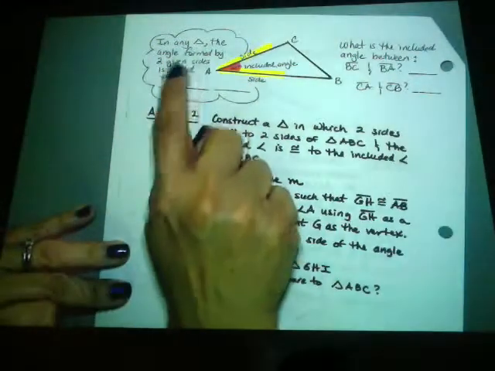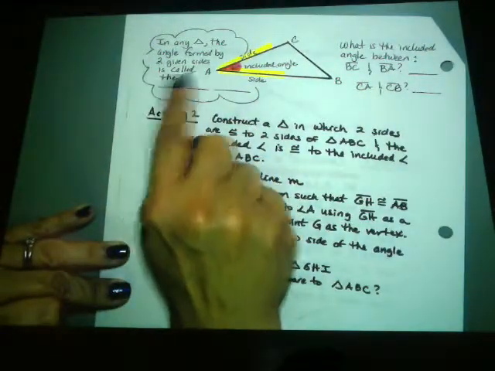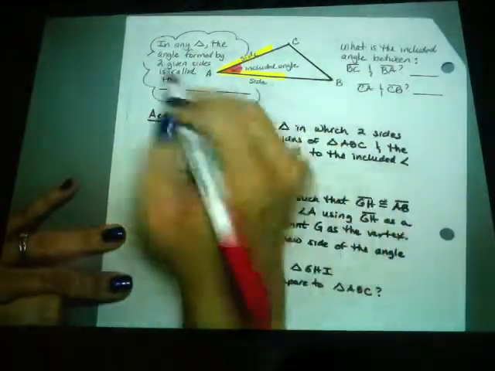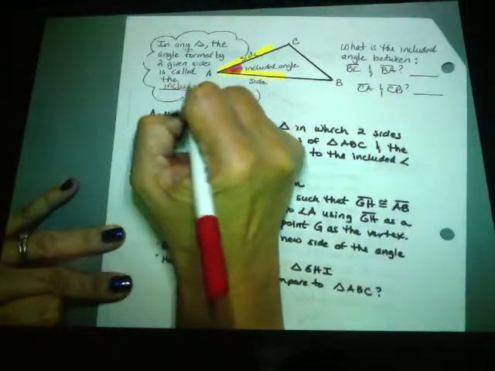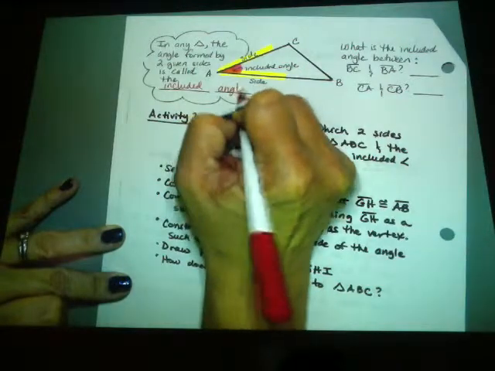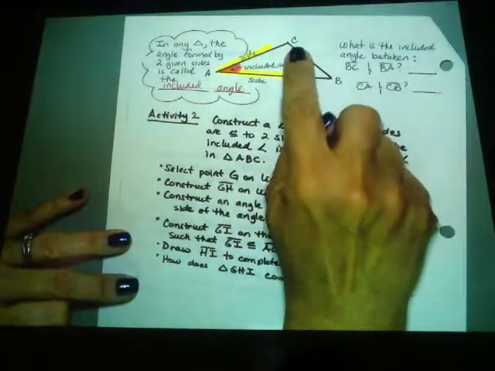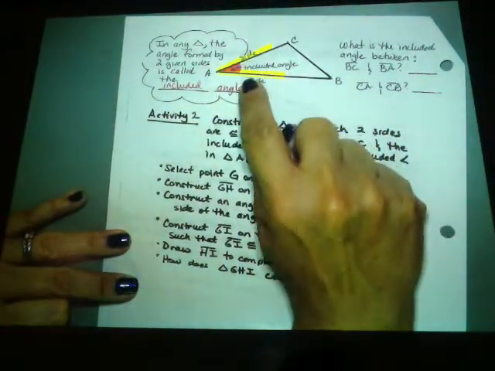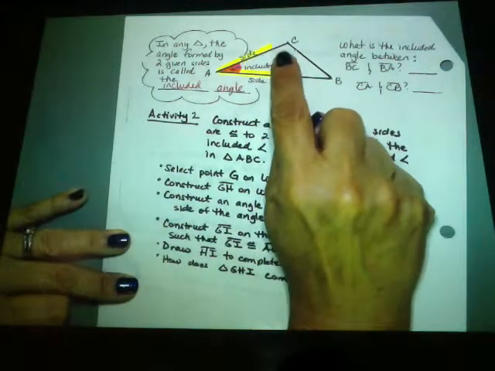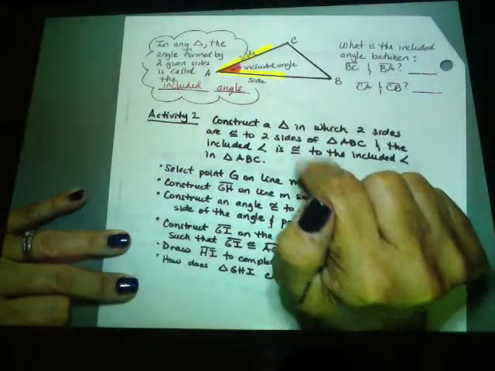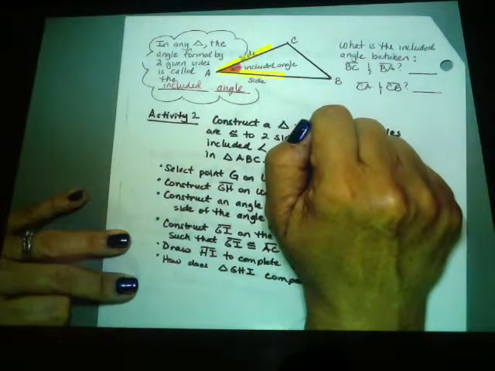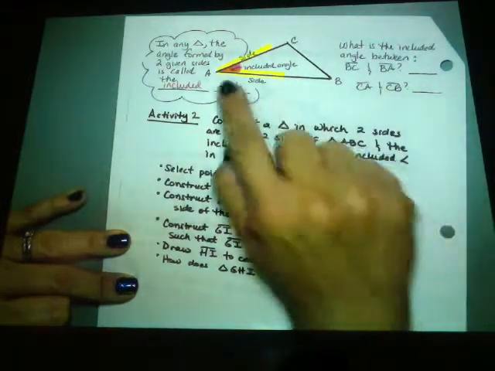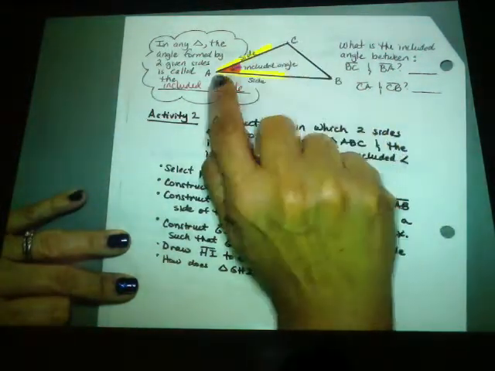Okay, so in any triangle, the angle formed by 2 given sides is called the included angle. It is included in between the 2 sides. C is not the included angle to those 2 sides. C is the included angle to what 2 sides? What 2 sides create C? CB and AC, right?